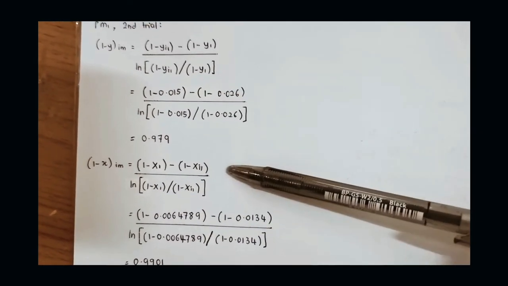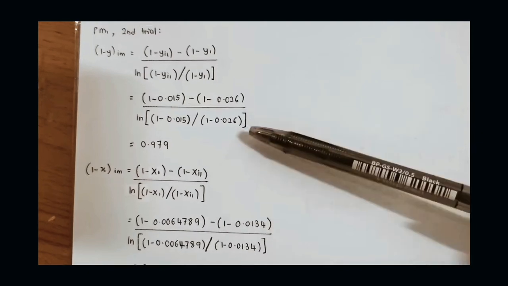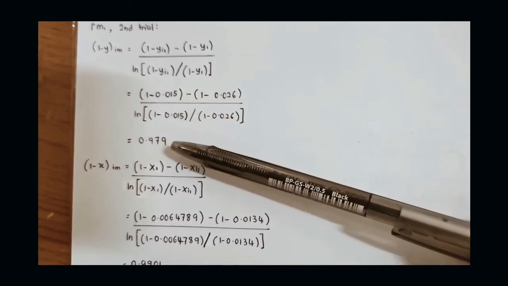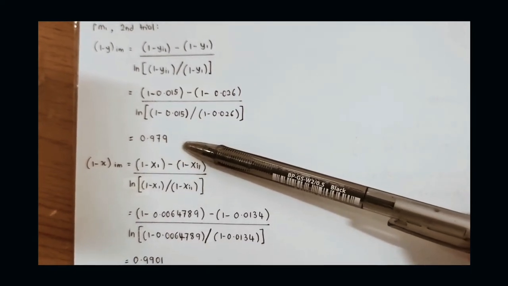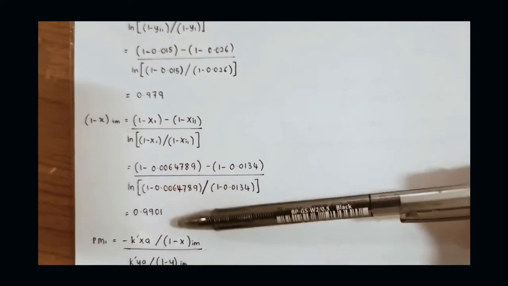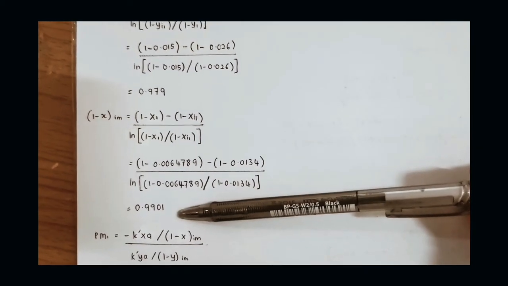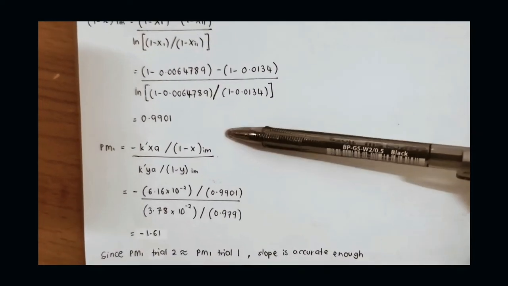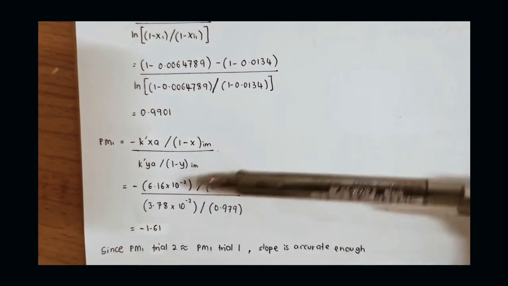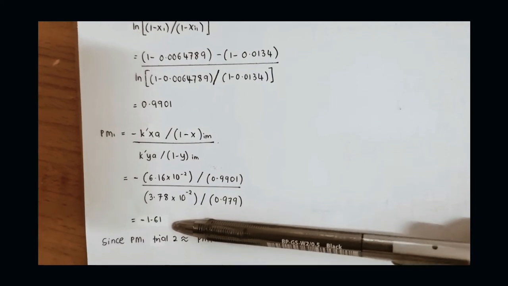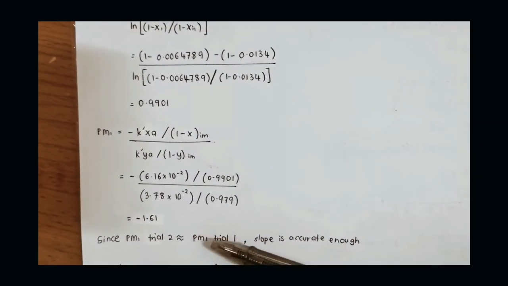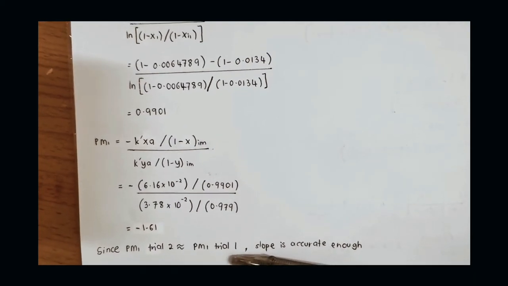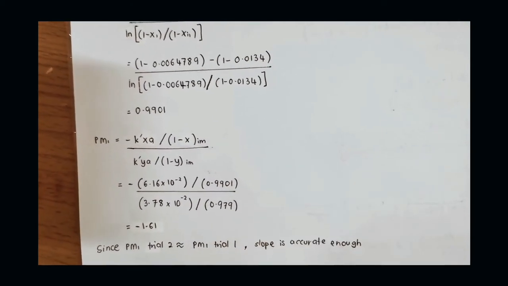These two equations we can also get from the appendix. Just substitute all the information from the graph and we will get 1 minus yim equals 0.979 and 1 minus xim equals 0.9901. After that, substitute all the information given into this equation and we will get PM1 equal to negative 1.61. Since PM1 for the second trial and PM1 for trial 1 have no big difference, the slope is accurate enough.